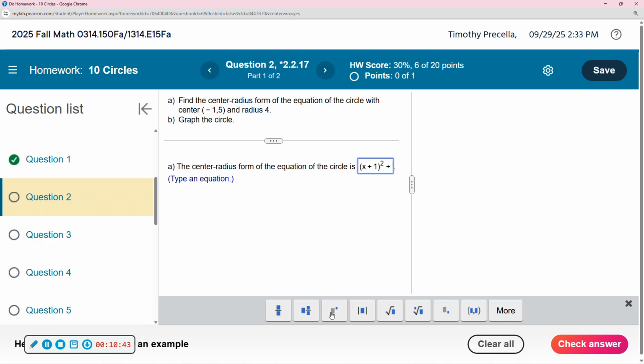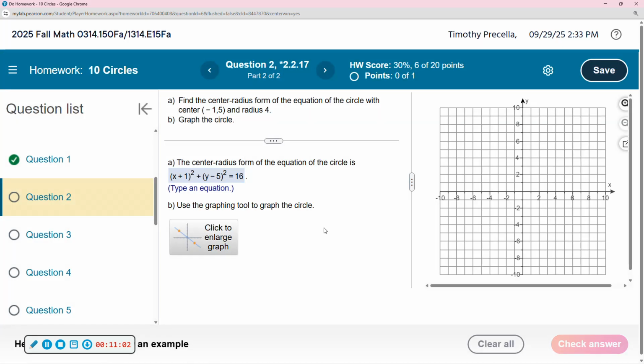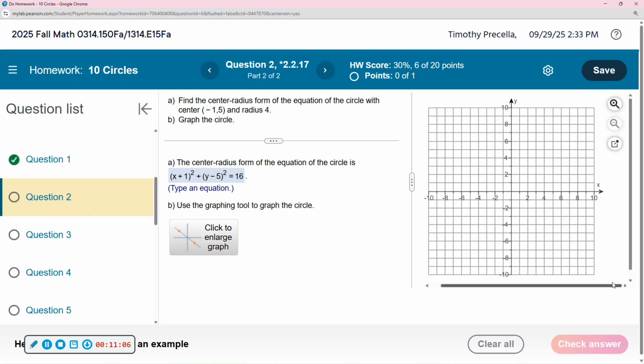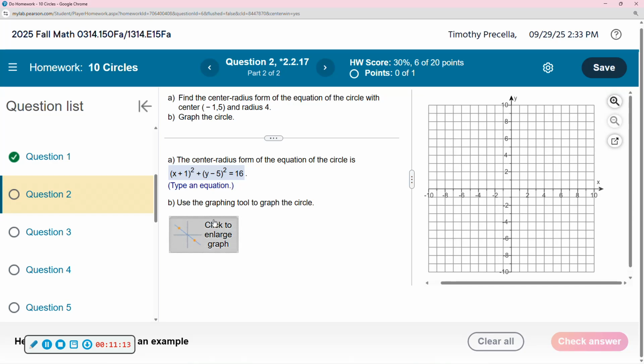Get out of that exponent before you type in the parenthesis y minus 5 parenthesis squared. Get out of that exponent before you type equals 16. It just looks better like this, but it doesn't show the tools there. Well, anyway, I clicked enlarge.